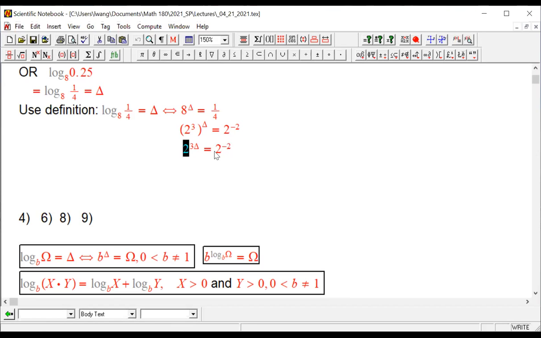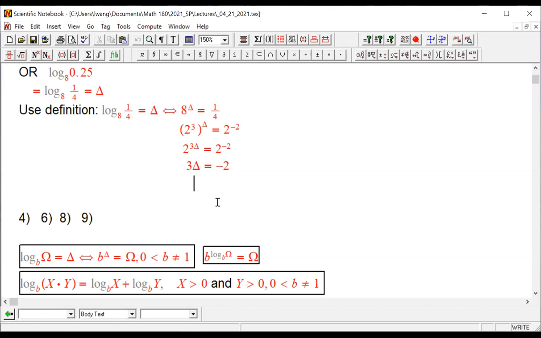They have the same base in exponential form, and then 3 times the triangle should equal -2. You know what I mean? So you turn that question into an equation.